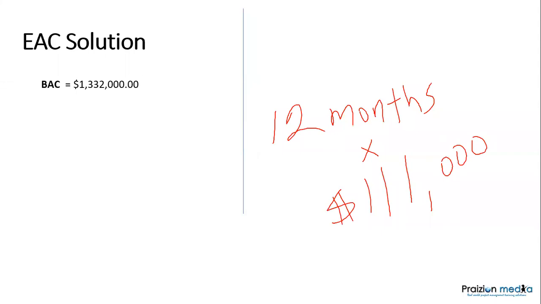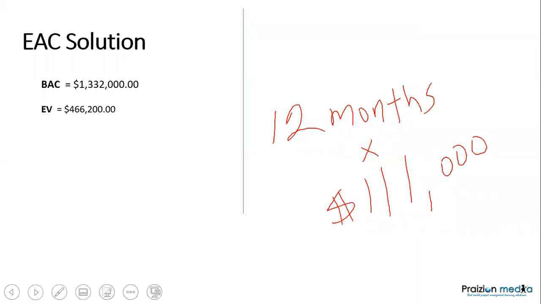And then we went a step further and found the earned value based on the question details. So the question told you that 35% of the work had been done, if you recall from the question. So if you find 35% of the budget at completion, that's how you get the earned value.